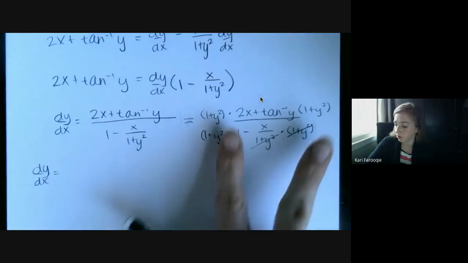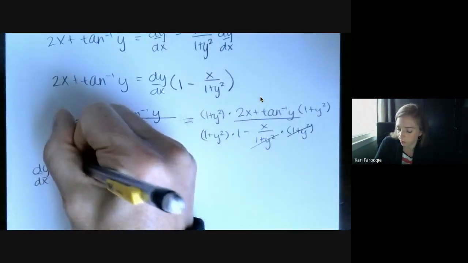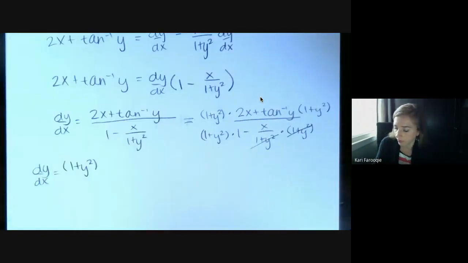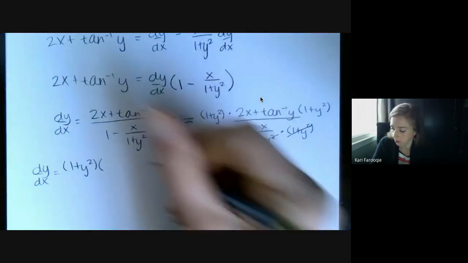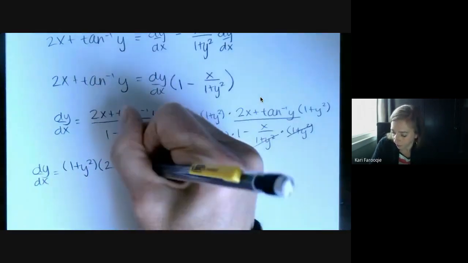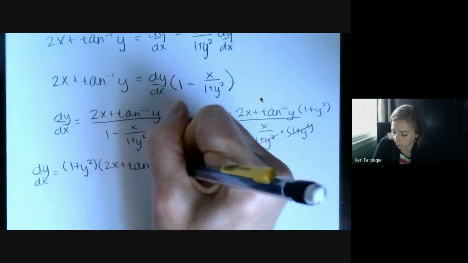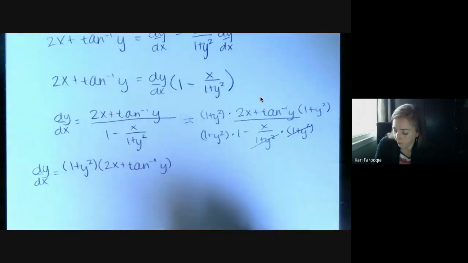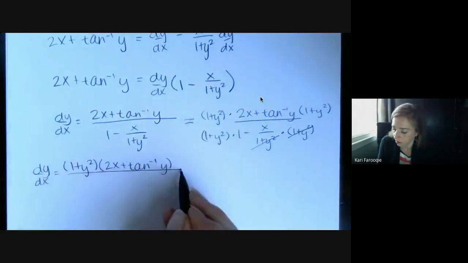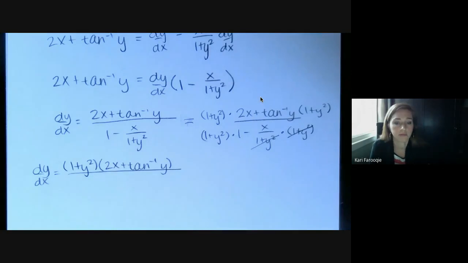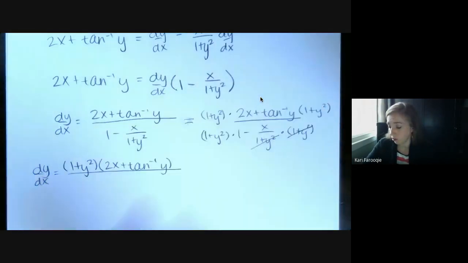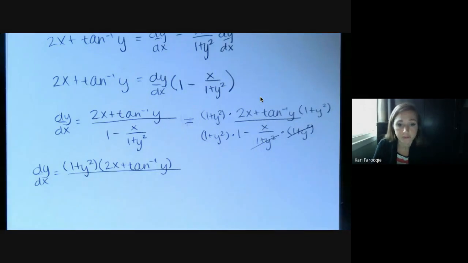Or you could just factor out the 1 plus y squared and then just leave the rest of it as a separate factor. If you want to do that, there'll be less work that you have to do multiplying everything out. Because really all you did was multiply this whole numerator by that quantity.